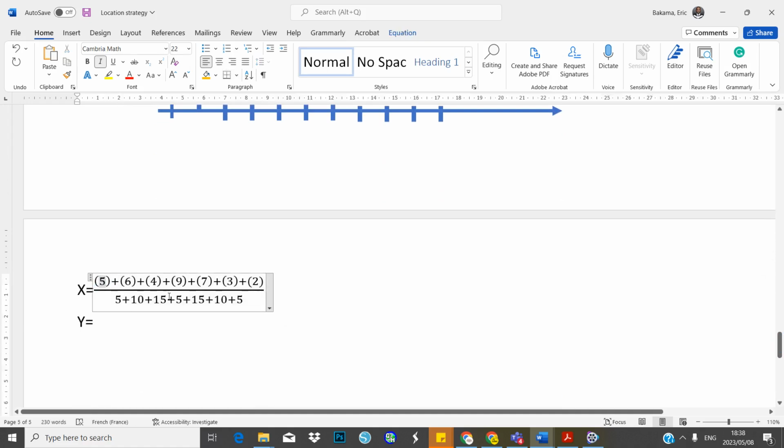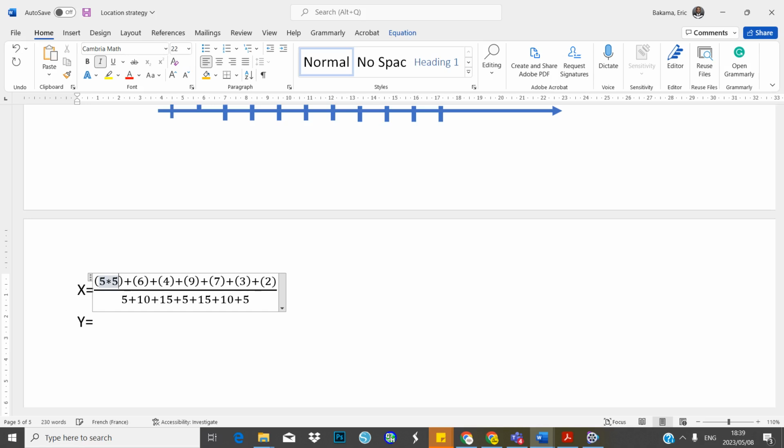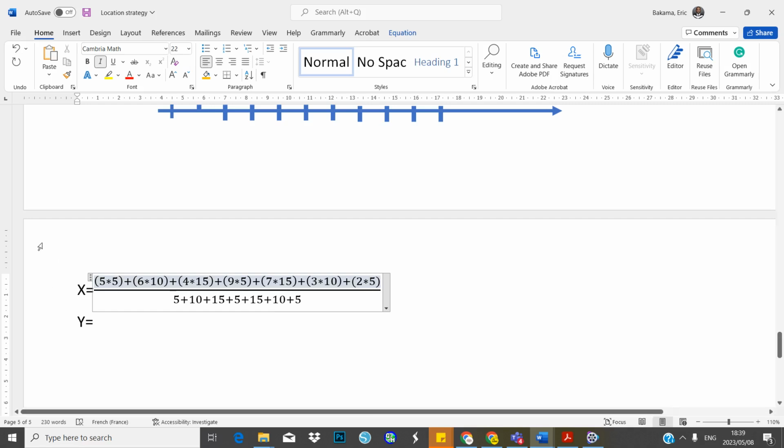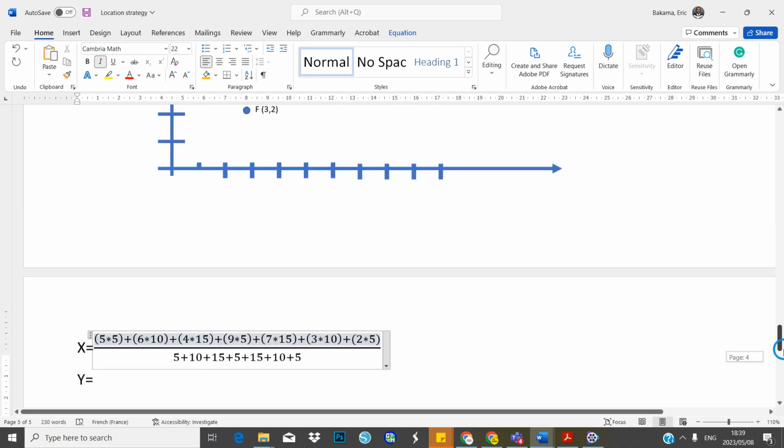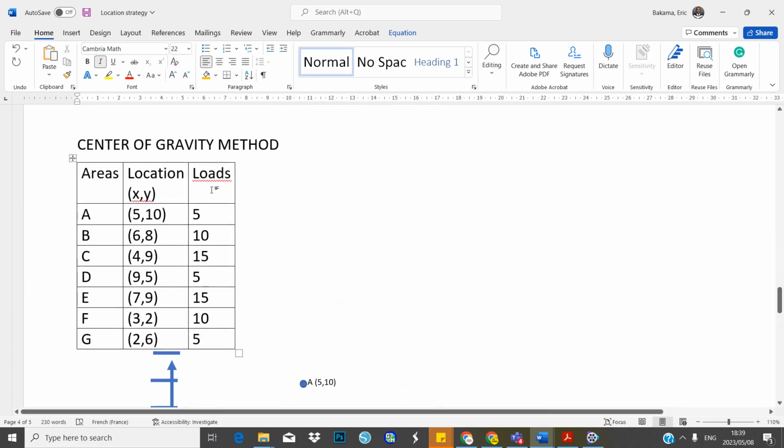So I'm going to have 5 times 5, this is the first load that I'm having here, plus 6 times 10 plus 4 times 15 plus 9 times 5, and then plus 7 times 15. Then I have 3 times 10. Then I have 5 times 2. Now these values are just coming from the weights that we already have here.